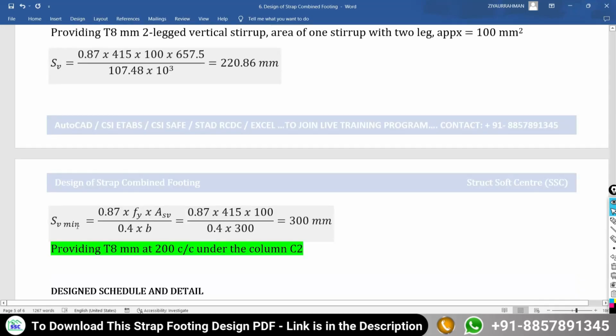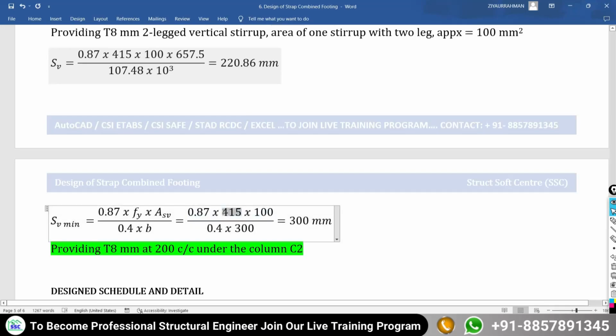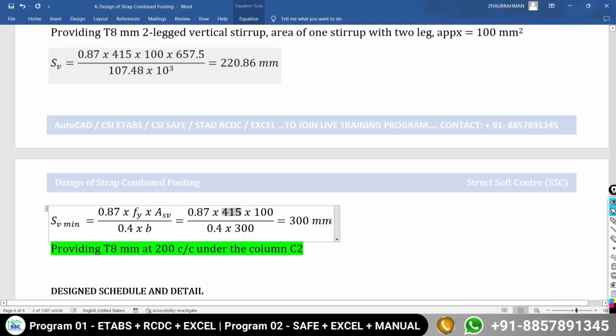And for the minimum reinforcement, 0.87 fy Asv divided by 0.4 into the width of your beam. So we are getting the value as 0.87 multiplied by the yield strength of your reinforcement as 415, multiplied by the area of the two-legged vertical stirrup as 100, divided by 0.4 into 300. We are getting the value as 300 mm.